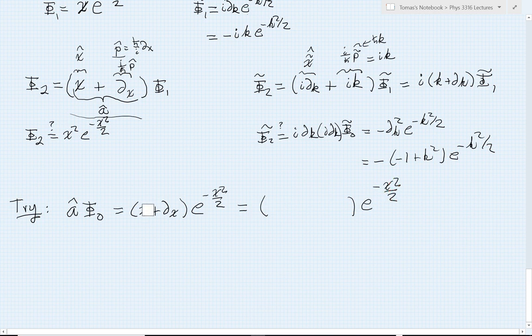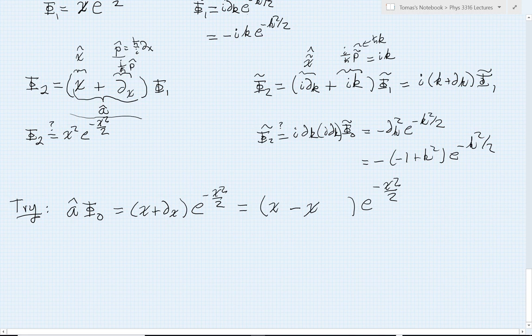The first term just gives me x times my Gaussian, so I can put an x in my parentheses times my Gaussian. For my next term, I take the derivative. That gives me the Gaussian back again, which I already factored out, times the derivative of the insides, which would be minus 2x over 2, or minus x.